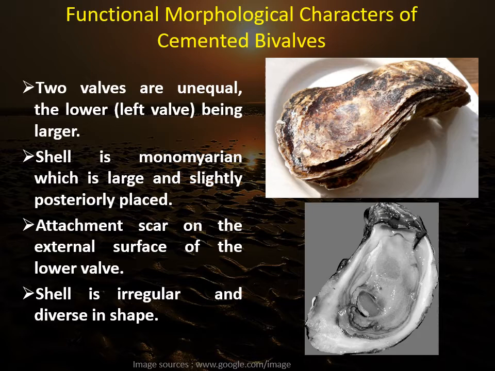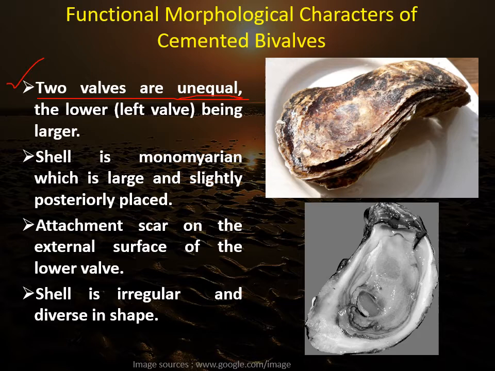Now the characteristic of these kinds of bivalves is that the two valves are strictly unequal. So this is the first mode of life we found in this discussion, when the two valves are strictly unequal. Now the size of the two valves depends on which valve is interacting with the environment.